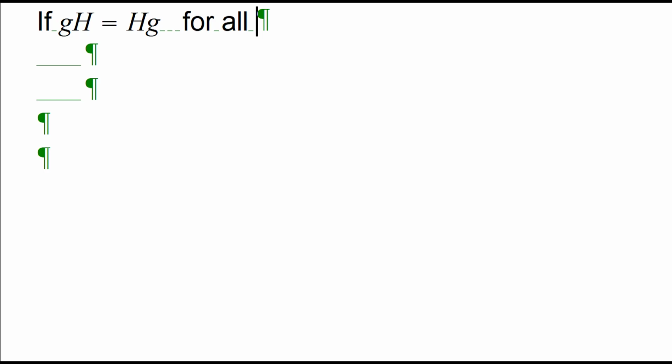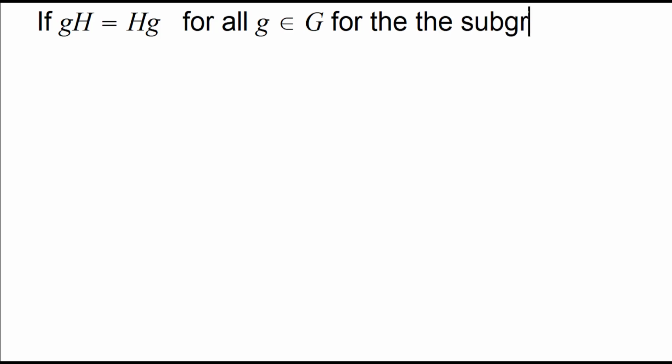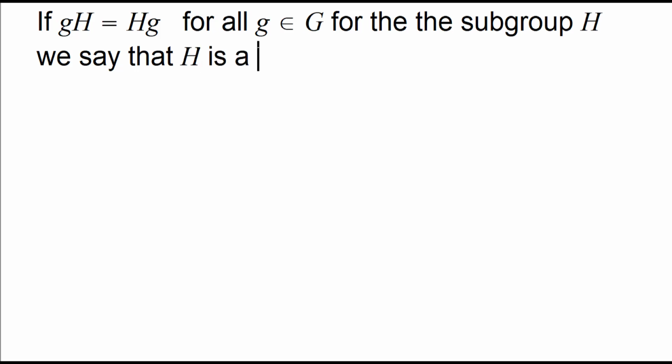That is, if we have this, and I'm rewriting the same thing, so forgive me for that, if GH equals HG for all G in G, for the subgroup H, we say that H is a normal subgroup of G.